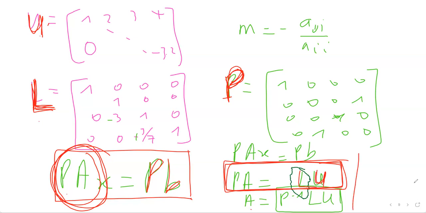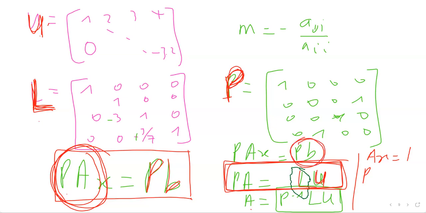That means your AX is equal to this A, and you are going to put there P inverse LU and now solve this. If you solve this, then you can solve the right-hand side.